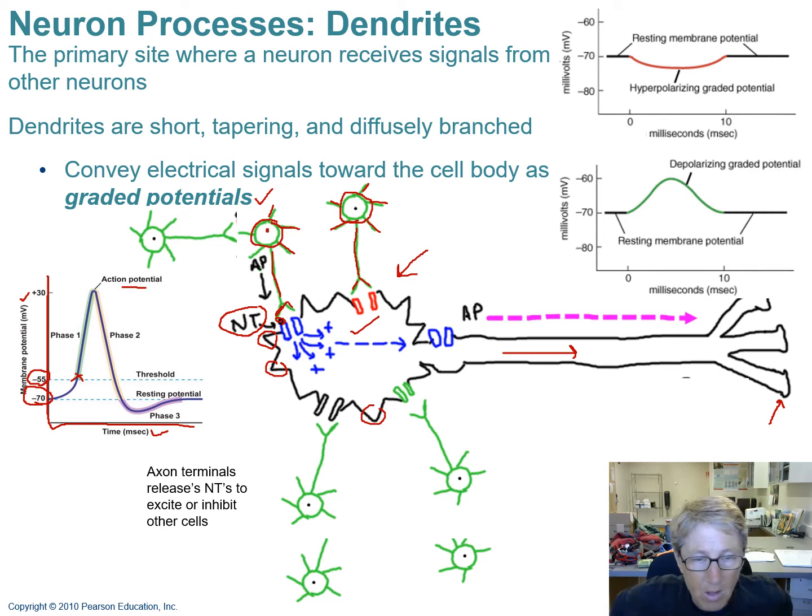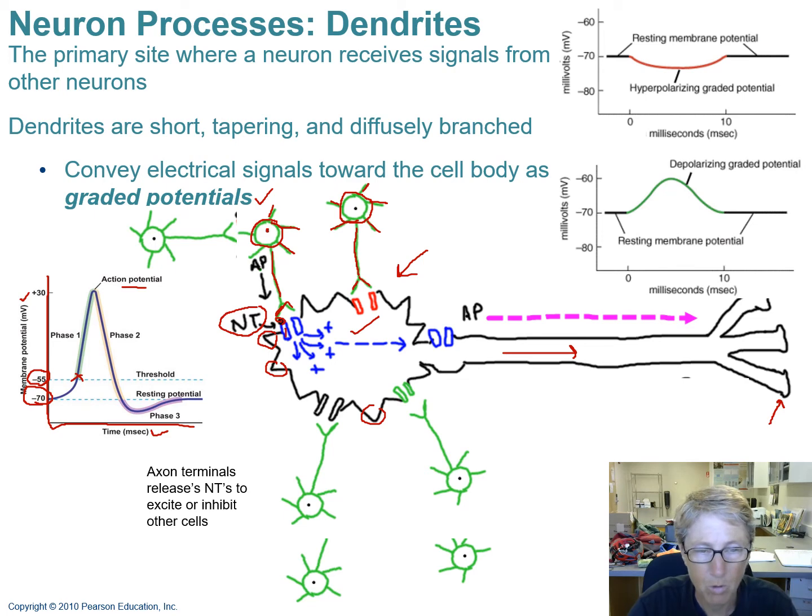So the neurotransmitter is released from the axon terminal, and it binds to a channel. I don't know if you remember from the last chapter when we did muscles, this is a ligand-gated channel, and the ligand is the neurotransmitter, and the neurotransmitter has a name, acetylcholine.